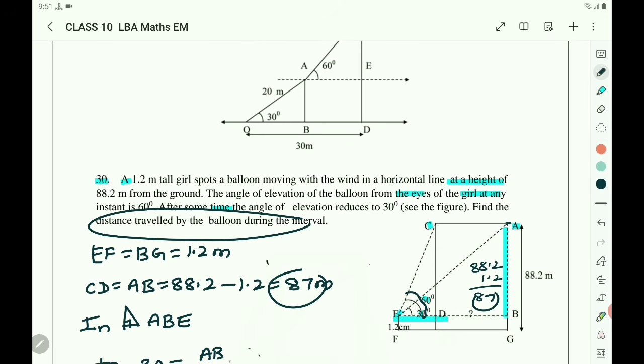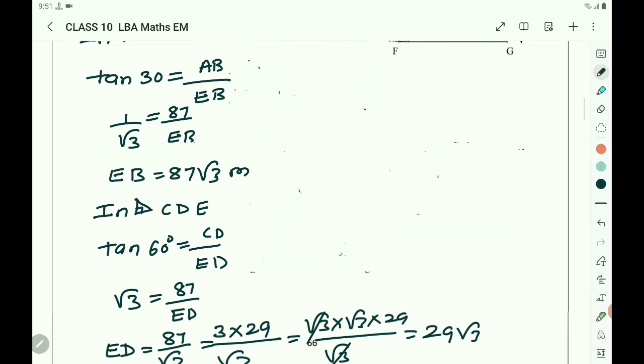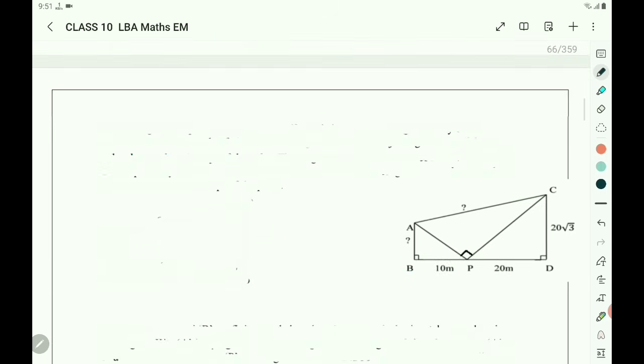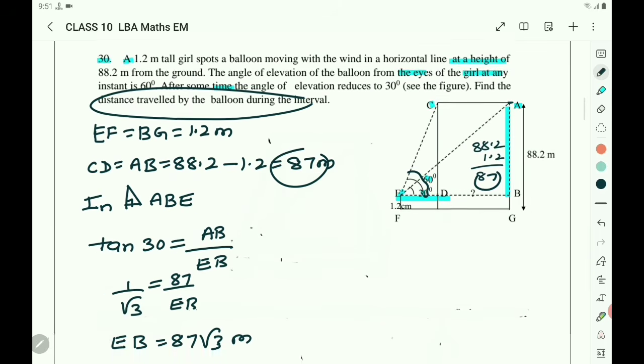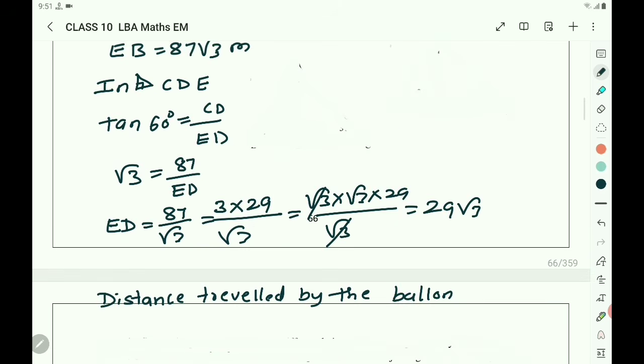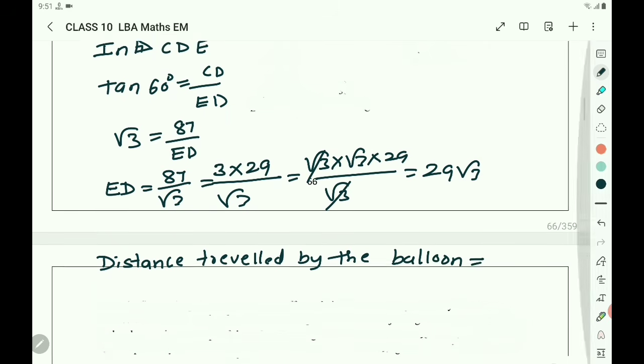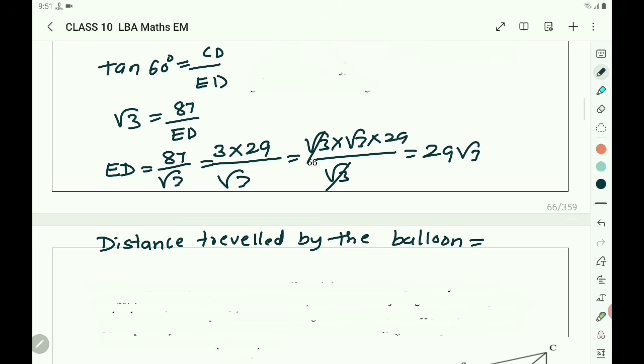Distance travelled by the balloon equals what minus what?